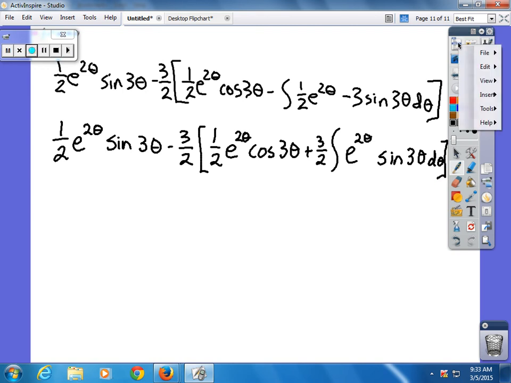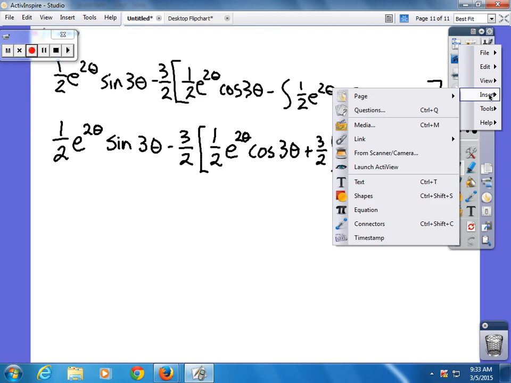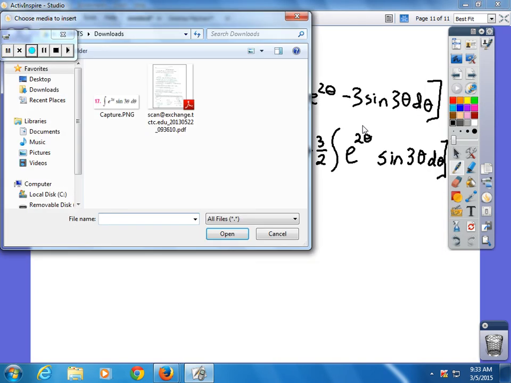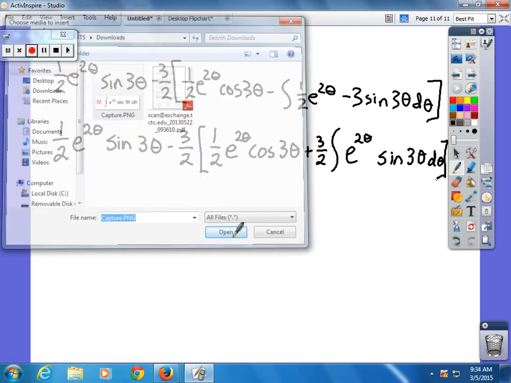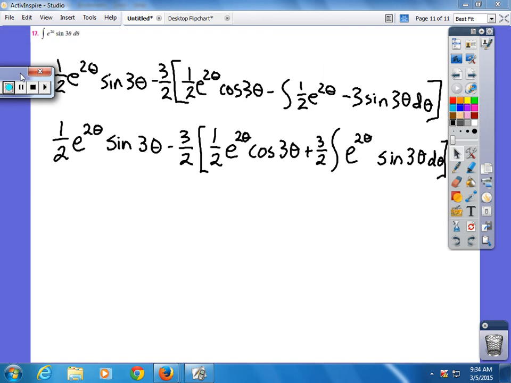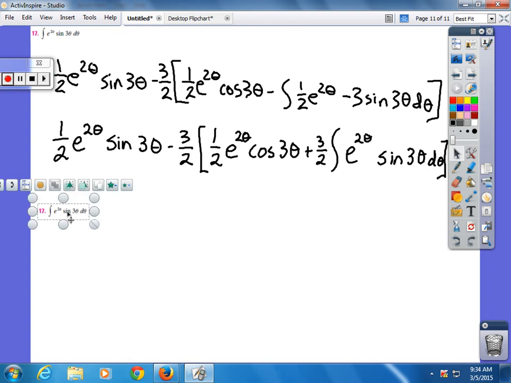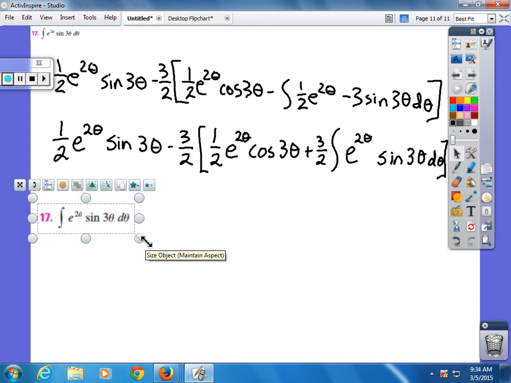And let's pull in our heavy duty problem. Is that not what we got right here? Looks like it. But I need to distribute that 3/2, probably break that up.